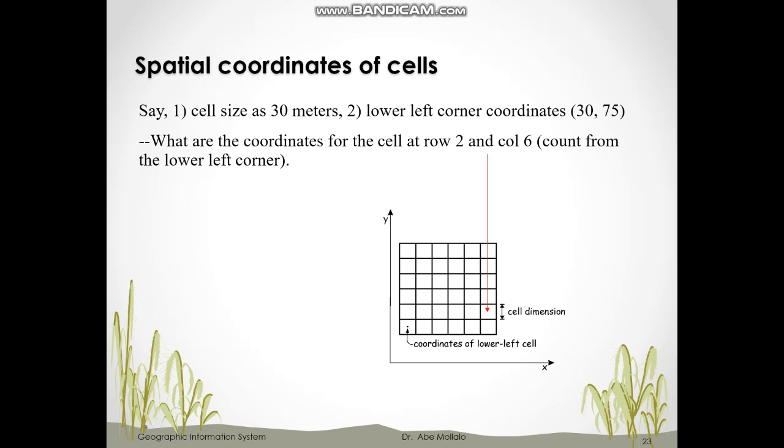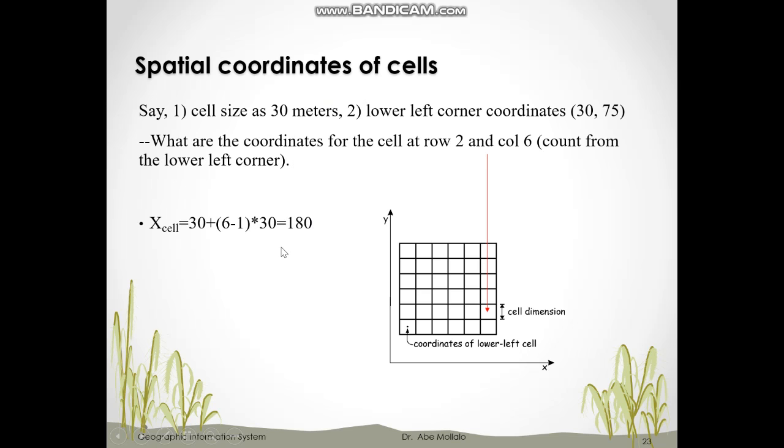So we want to know the x coordinate for this location and the y coordinate. Okay, so x for the lower left, which is 30, plus column number, which was 6 minus 1, multiplied by the cell size, which is 30, right, according to the question.